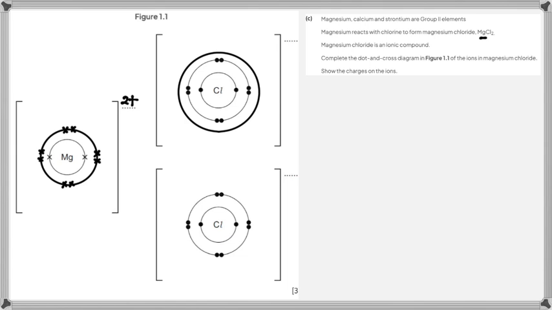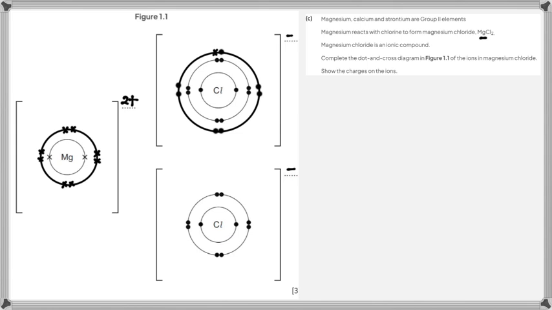So we have a dot, and we have a cross coming from magnesium. Since it received 1 electron, the charge of this is -1, or just negative will do for chlorine. So the outer shell is not yet filled in, so we will put dot, dot here, dot, dot there, and also here.